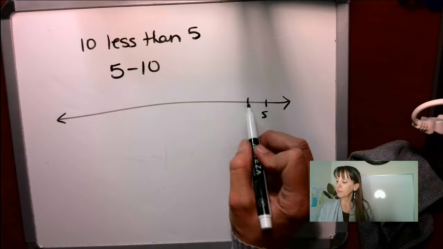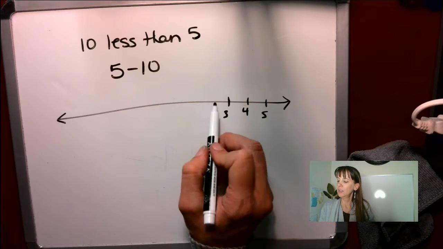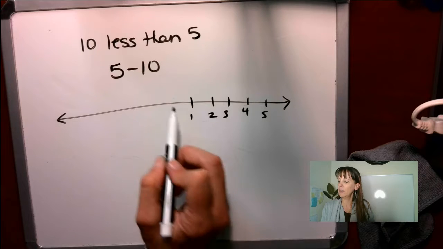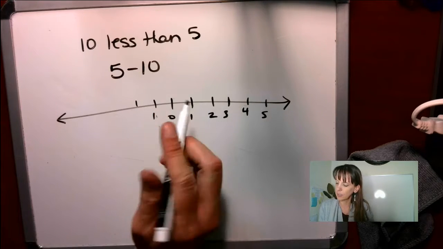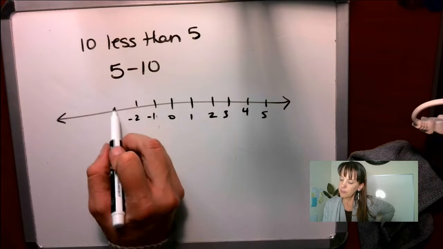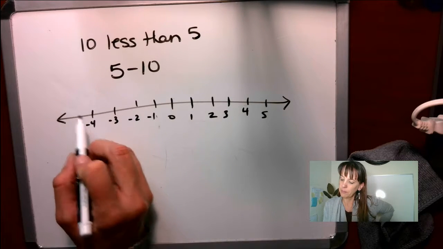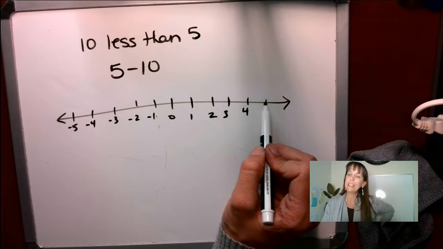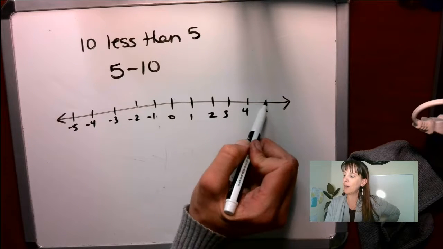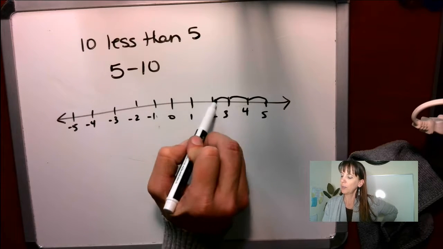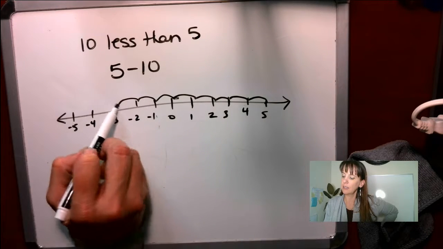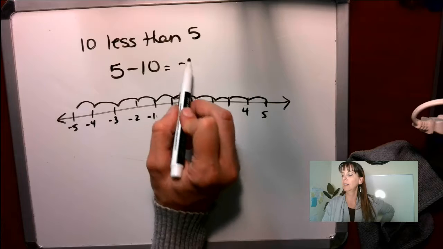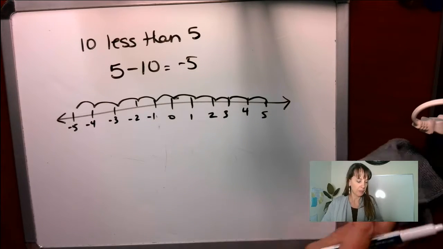So we have 5, 4, 3, 2, 1, 0, -1, -2, -3, -4, -5. We're going to start here at 5, and take 10 away from that. 1, 2, 3, 4, 5, 6, 7, 8, 9, 10. It's going to be -5. Good. All right.